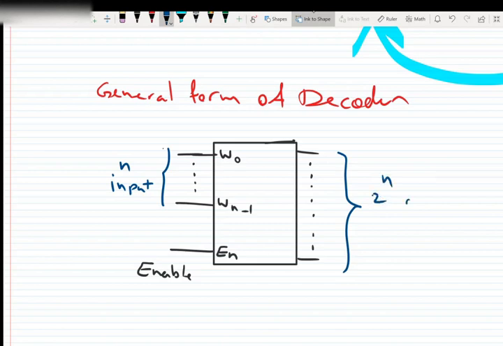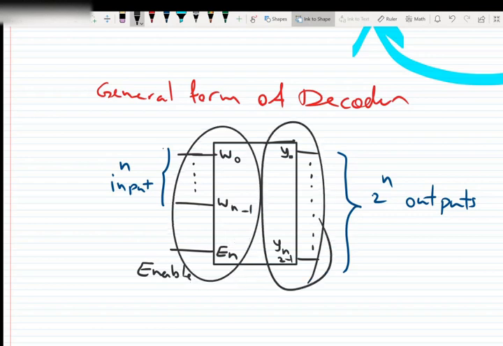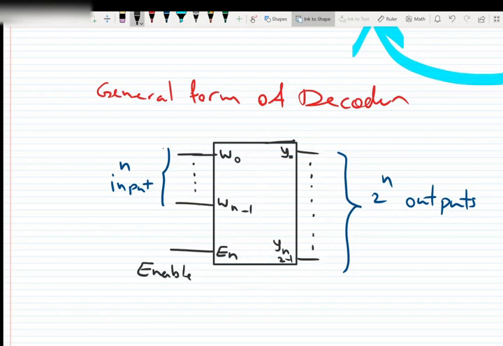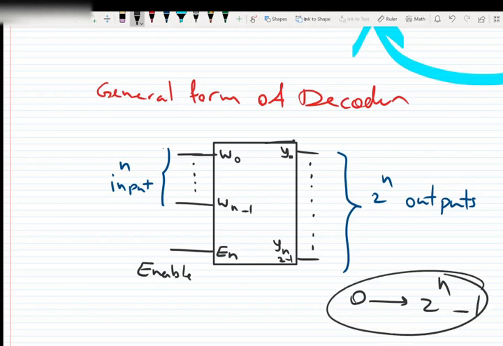These outputs are labeled from y0 up to y sub 2 to the power of n minus 1, because for n inputs we have 2 to the power of n outputs. So 2 to the power of n, when we start from 0, we can write it in the form of 0 up to 2 to the power of n minus 1.